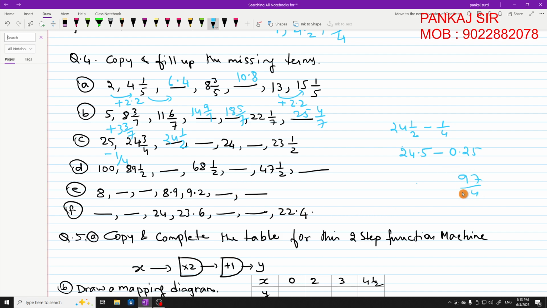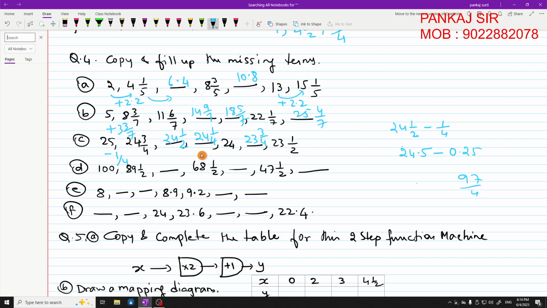And this in decimal I will get 24.25. So this will be 24 1/4, right? 24 1/4. Now 24 1/4 minus 1/4 will be 24. And 24 minus 1/4 will be 23 3/4. Right? So these are my answers.